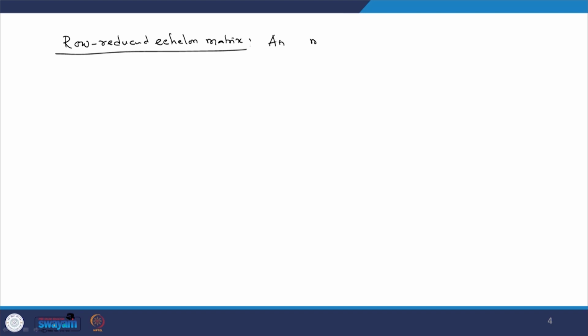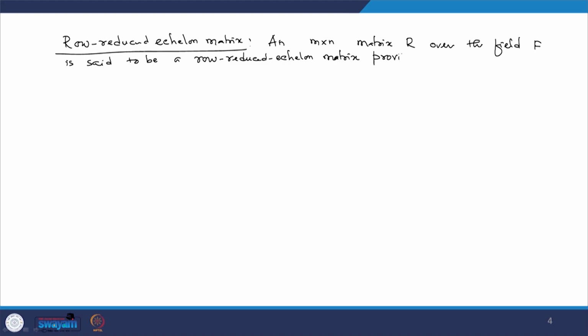An M cross N matrix R over the field capital F is said to be a row reduced echelon matrix provided it satisfies the following conditions.